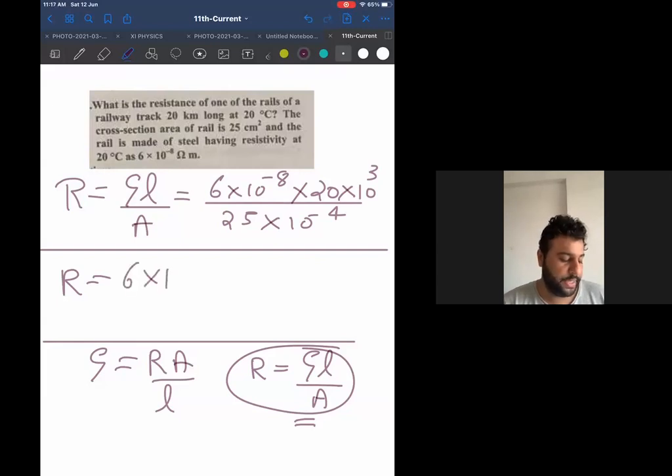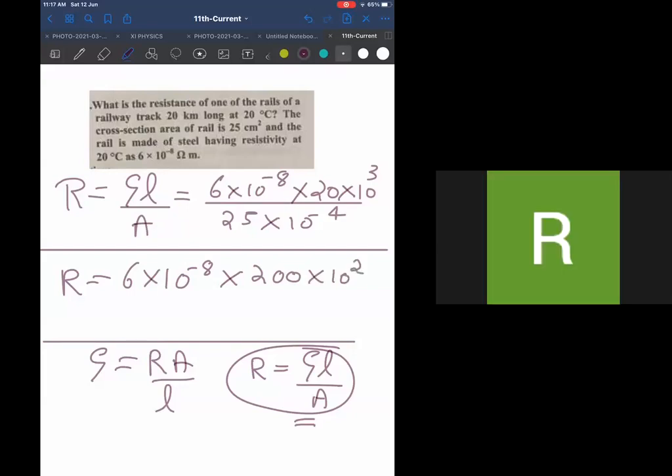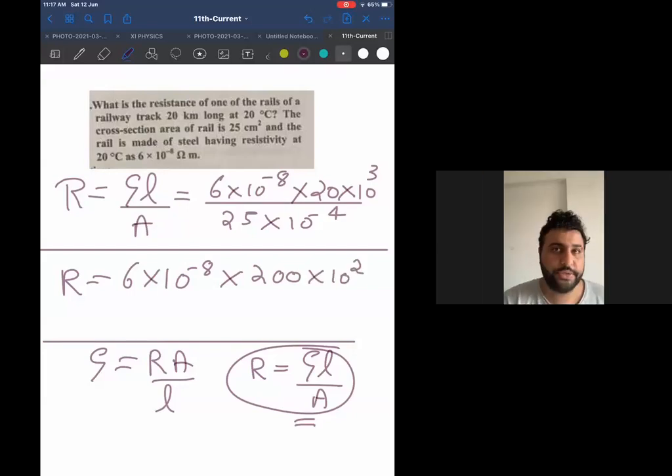6 into 10 power minus 8 into, please look at what I do. I write 20 into 10 power 3 as 200 into 10 power 2, divided by 25 into 10 power minus 4.